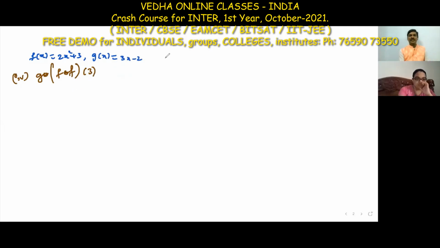Now g circle f circle f of 3. I keep g circle as is, and I open this bracket, so f of 3. If you open this circle also, then g of f of 3.